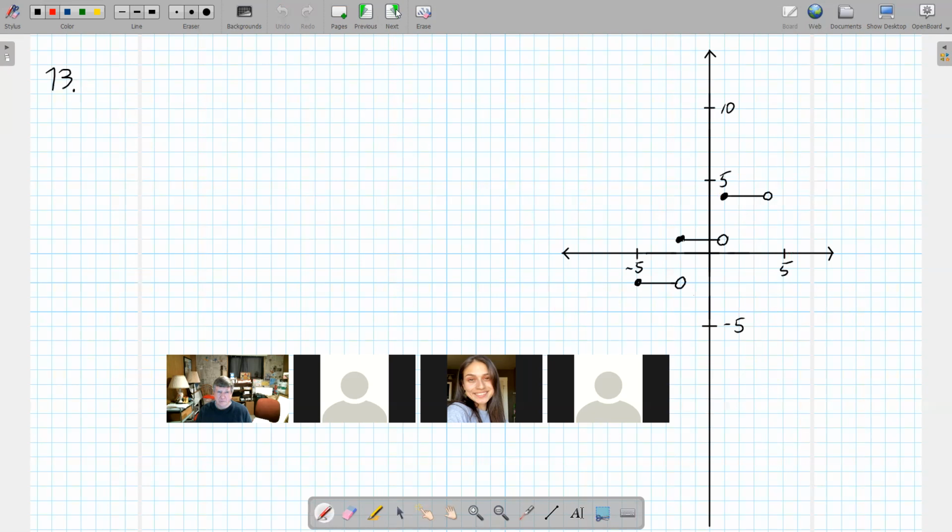Let's look at another one. How about this? Is this a function? Now, the solid dot means the point's included. The open dot or the open circle means that that value right there is not included. It is included up here, but not down here. So does this graph pass the vertical line test?